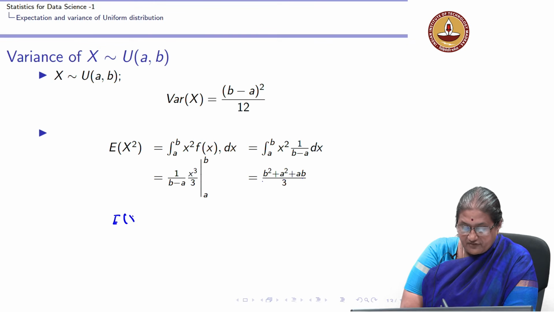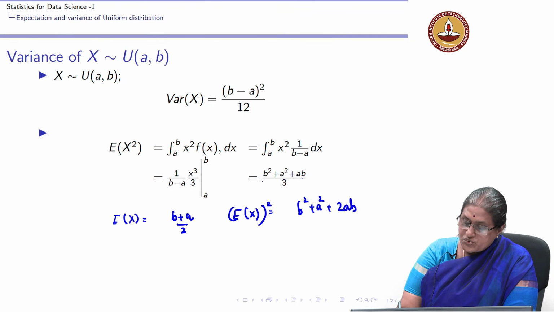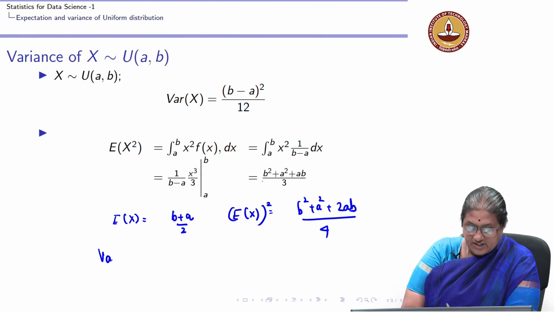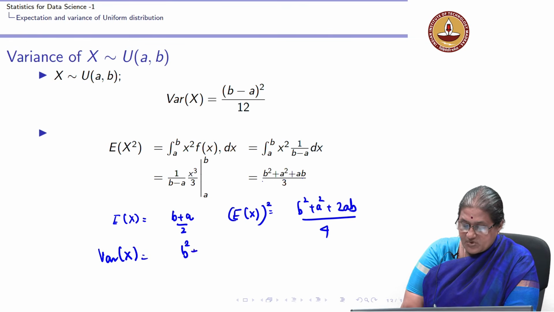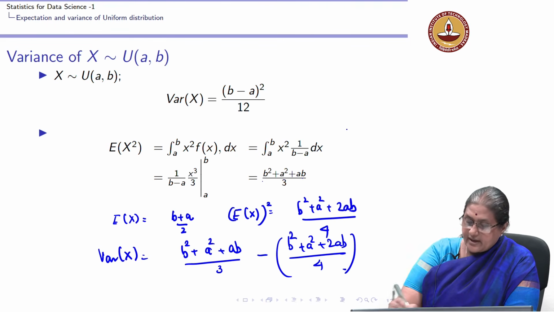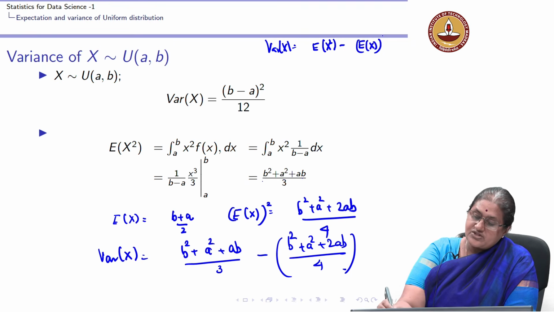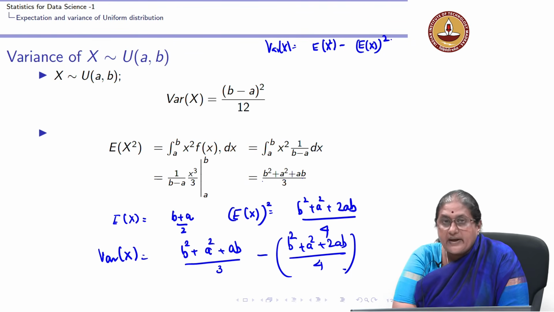Now, expectation of x we have already seen is (b plus a) by 2, which gives expectation of x whole square as (b square plus a square plus 2ab) by 4. Hence, variance of x is (b square plus ab plus a square) by 3 minus (b square plus a square plus 2ab) by 4, applying variance of x is expectation of x square minus expectation of x whole square, which we have been applying throughout.